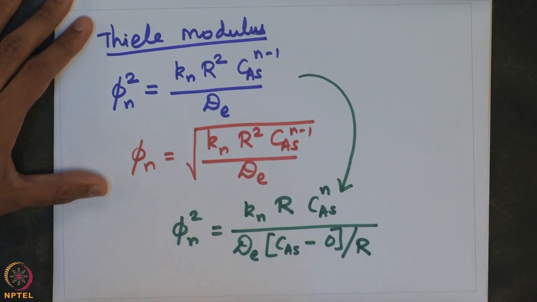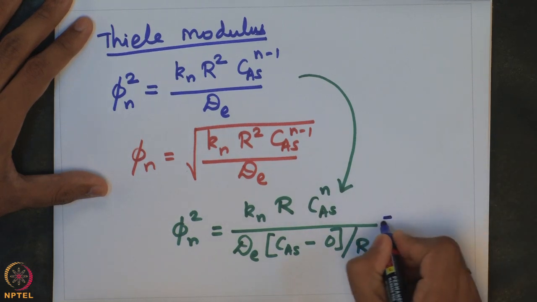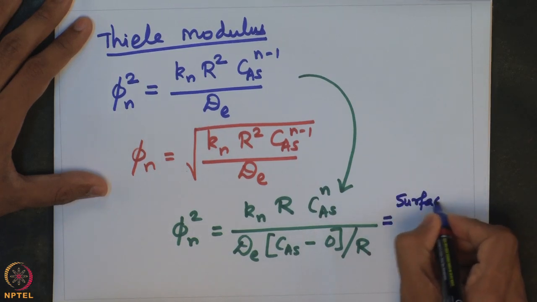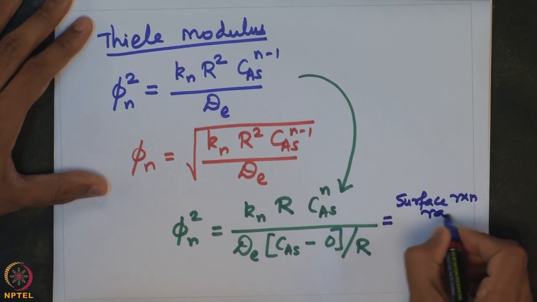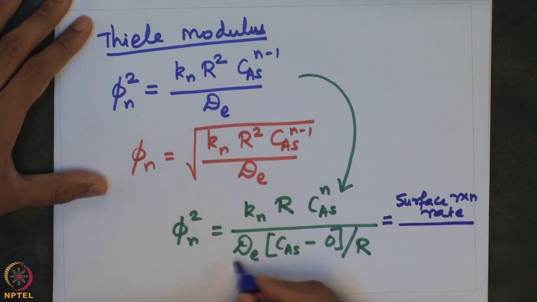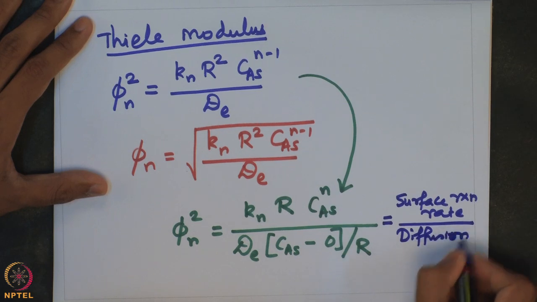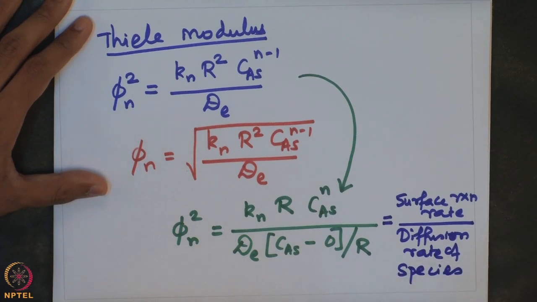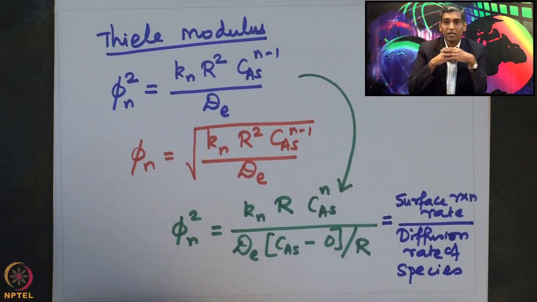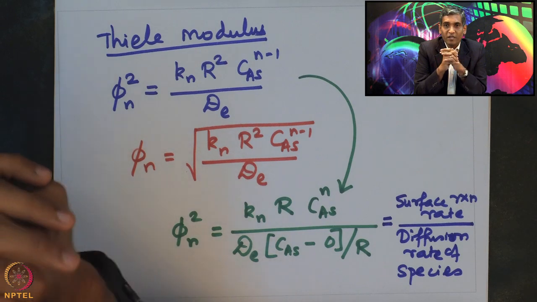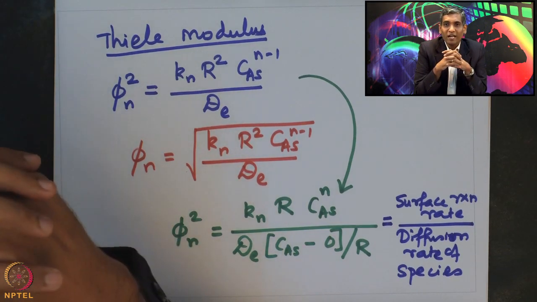So this quantity here in the numerator refers to the surface reaction rate, and the quantity in the denominator actually refers to the diffusion rate of the species. So one can look at the Thiele modulus as a ratio of the surface reaction rate to the diffusion rate of the species. Now what happens if phi square is very large?